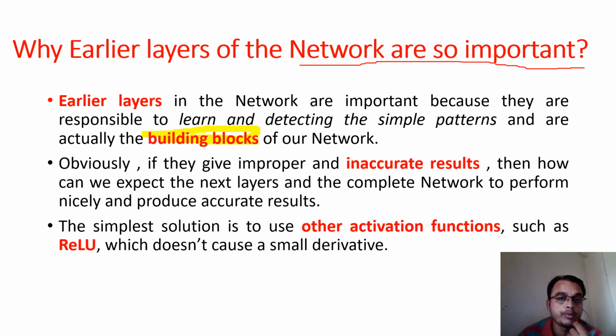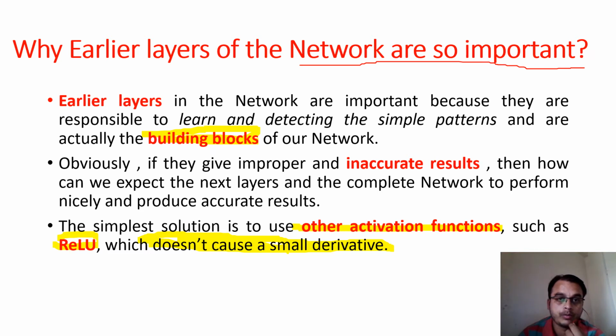We are going to overcome this issue with an alternative activation function, the rectified linear unit, which doesn't cause a small derivative. Even if the value of s into 1 minus s changes, we are completely eliminating the sigmoid function. The function itself will be replaced with the rectified linear unit.